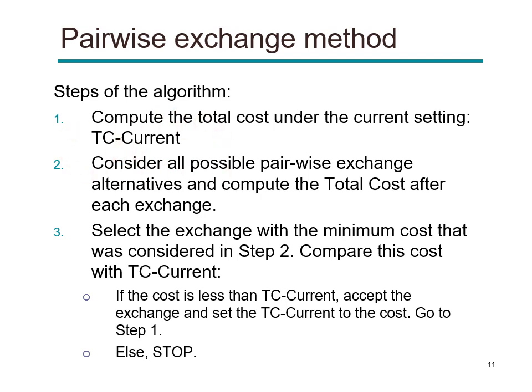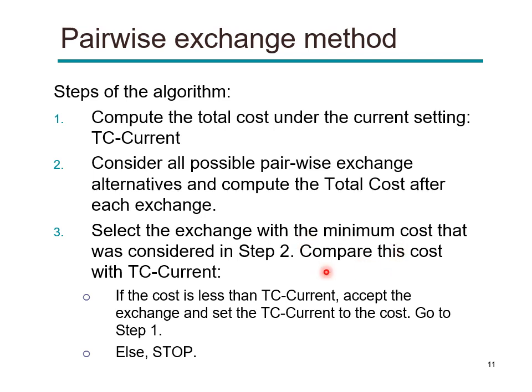Then we consider all possible pairwise exchange alternatives for this given layout, and then compute the total cost after each exchange alternative. We try each exchange alternative one by one and calculate its total cost value. Then we select the exchange alternative with the minimum cost that we had from step 2.